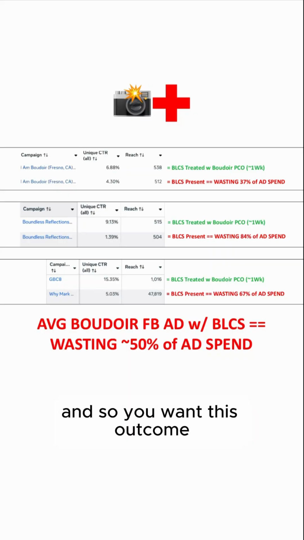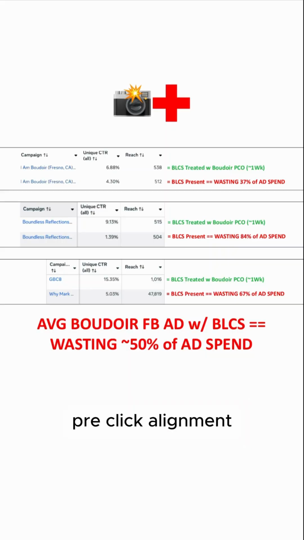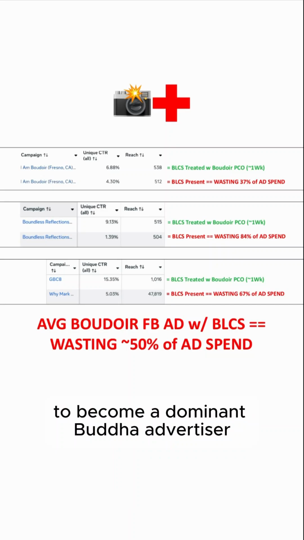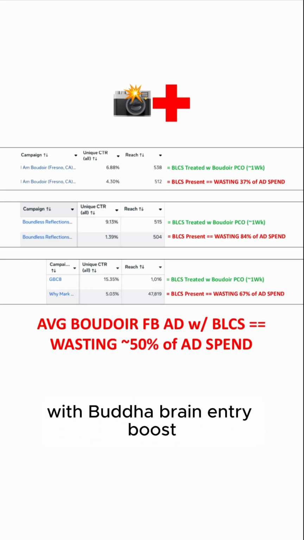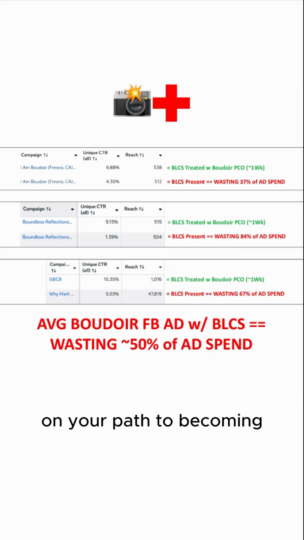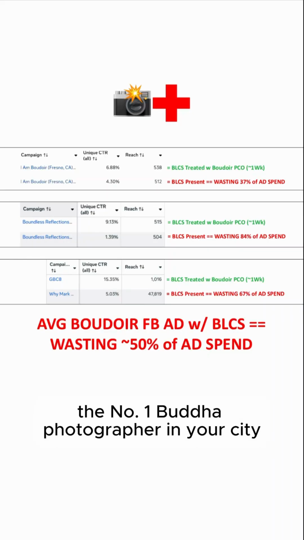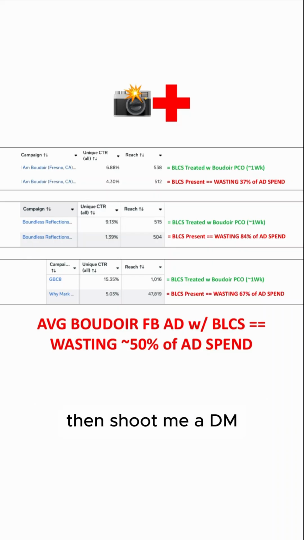And so you want this outcome, and you also want to achieve pre-click alignment to become a dominant boudoir advertiser with Boudoir Brain Entry Boost, because you need this to achieve that on your path to becoming the #1 boudoir photographer in your city. Then shoot me a DM.